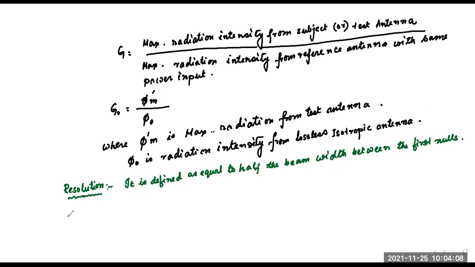Okay. So we will write BWFN by 2. That is half the beam width between first nulls.